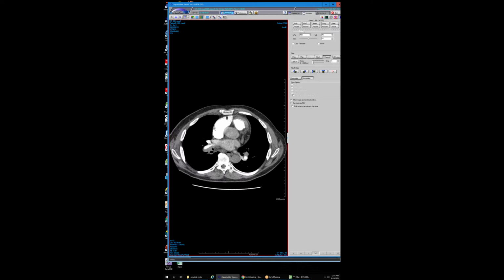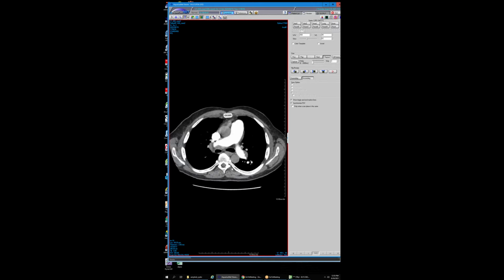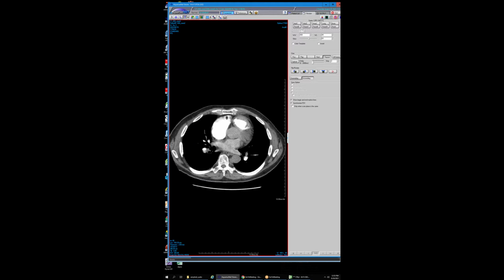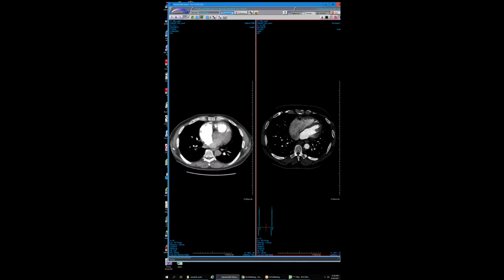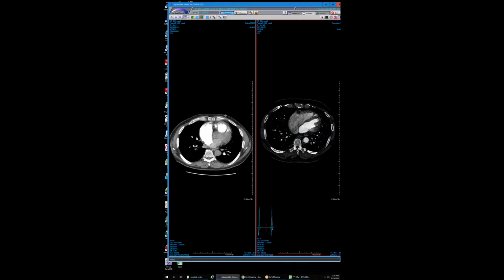Previously, you can see really dramatic chronic thromboembolic disease. He still has some pulmonary hypertension, but just look at the dramatic difference in the size of the right heart. And this was just about a year ago, actually.